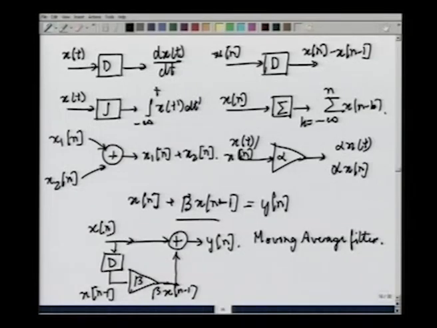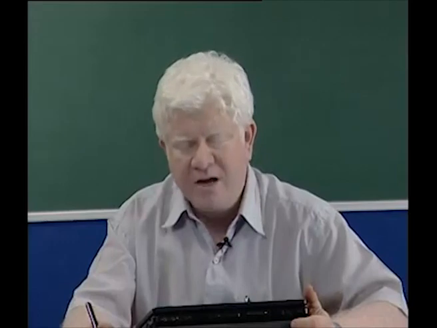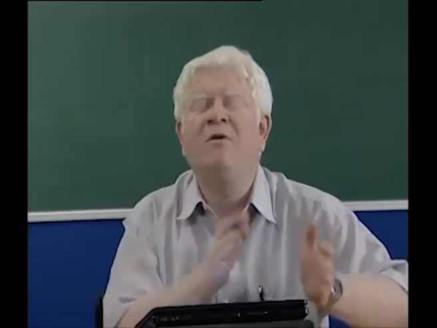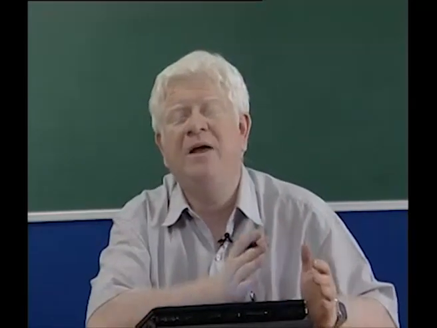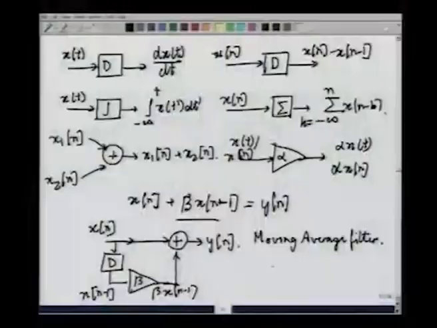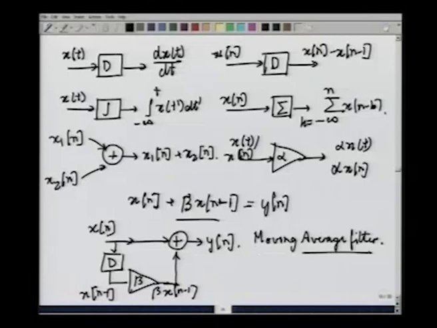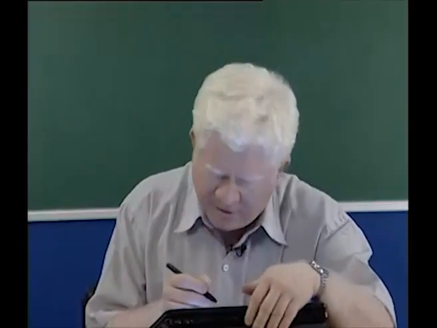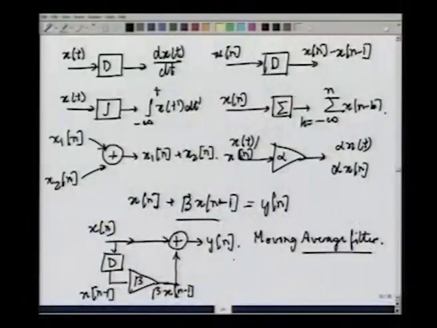It essentially creates a gradually moving average. At every instant of time, the window over which the input sequence is being averaged is shifted by one position. So, you get this moving average filter. More precisely, this is called a first order moving average filter.